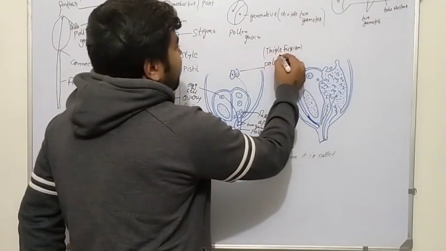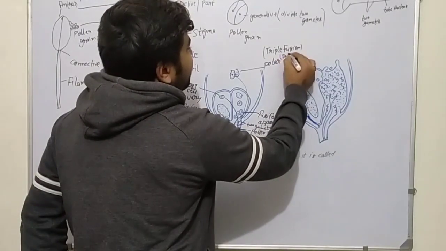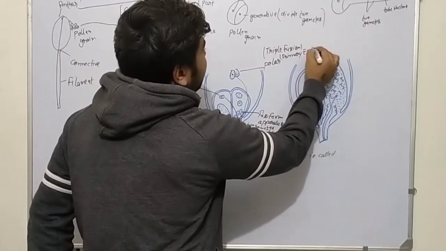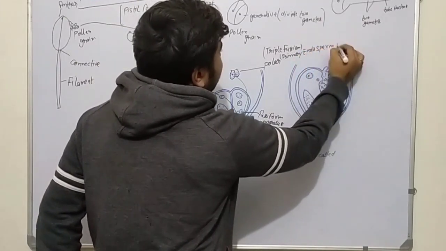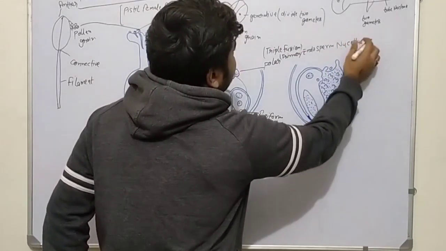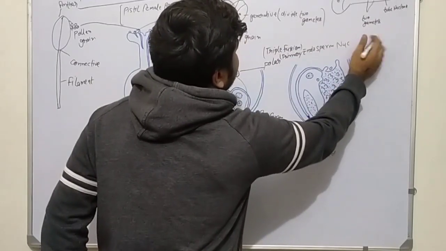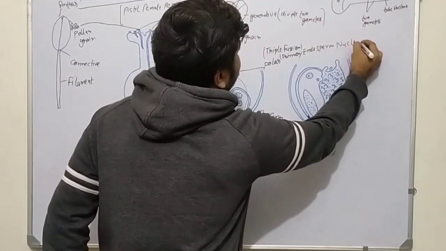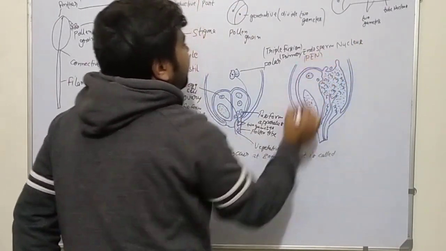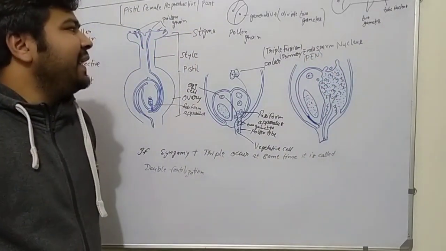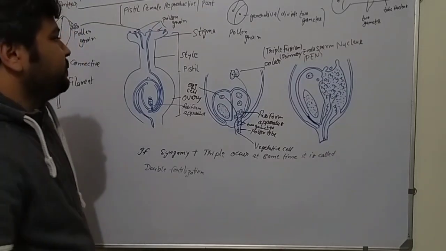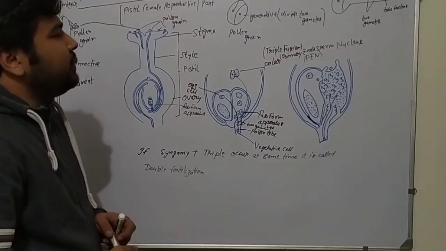The triple fusion forms the primary endosperm nucleus, also called PEN. This stores reserve food material in them, which helps in later stages to the embryo. This is all about pollen pistil interaction.